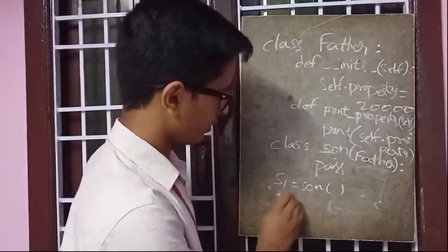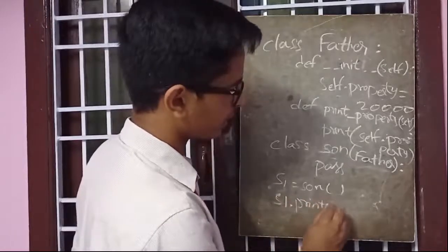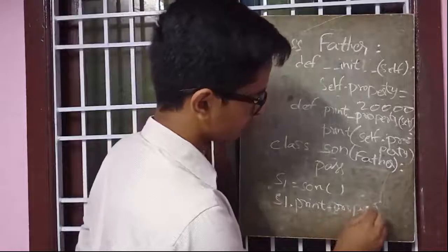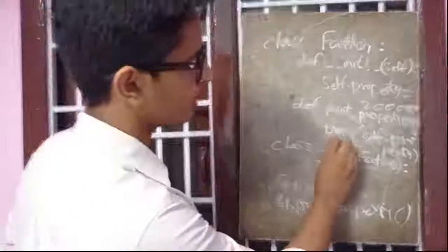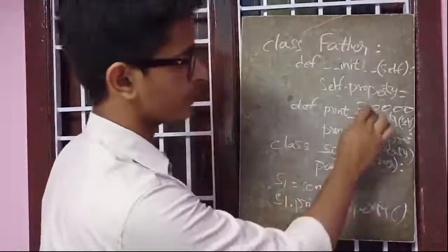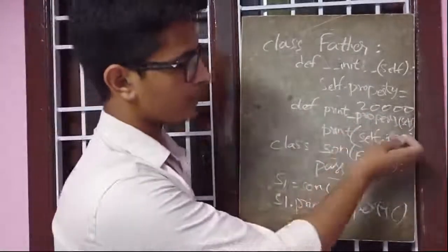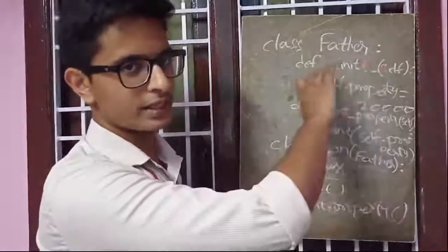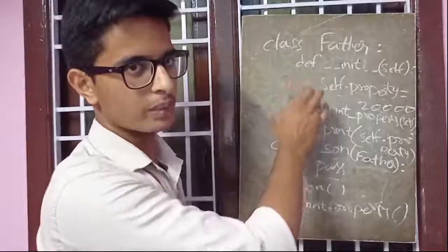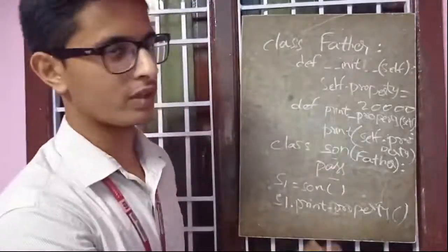And if we type s1 dot print property, obviously we get the output of print self dot property, that means 20,000. This print property method is not present in class son, but since it is present in the parent class, the parent class methods are being inherited into the child class. This is the concept of inheritance.